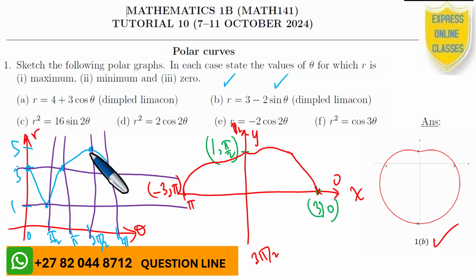Right, and on the other side of pi, between pi and 3 pi over 2, you have negatives. So it's going to move from 3 to 5, but on the negative.